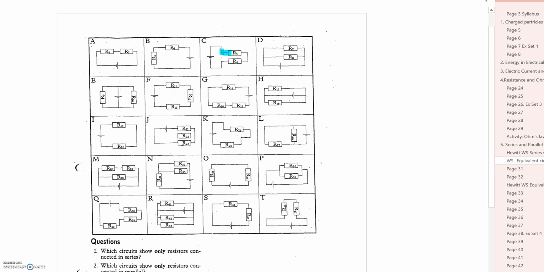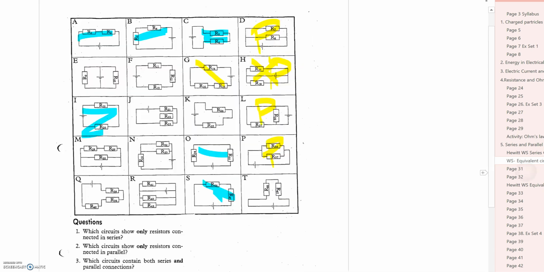So for example, those two are in series, and of course the ones in parallel, what have we got? That one, it's an interesting one. That one's in parallel. That one's in parallel. That one's, you got two circuits. All right, so you should be able to work your way through that one.